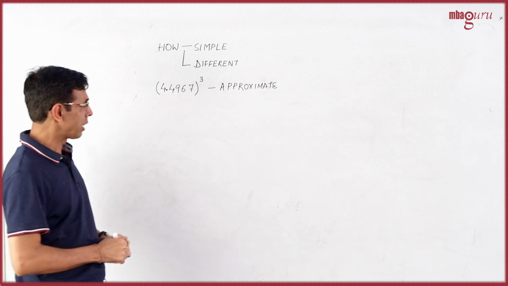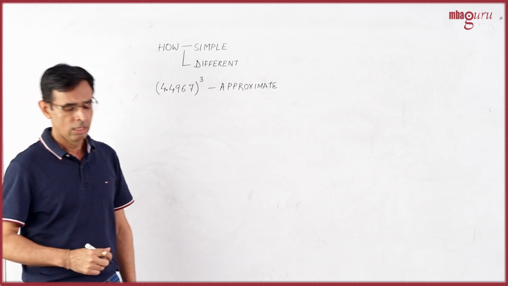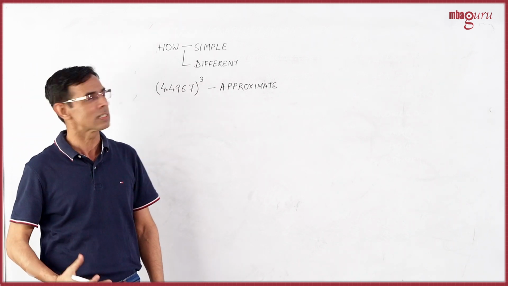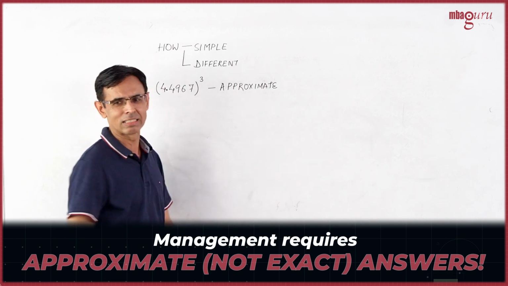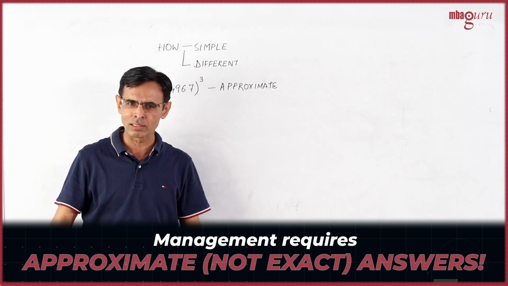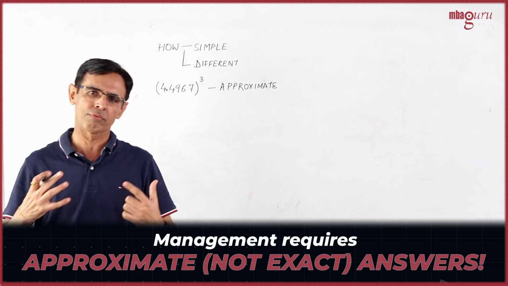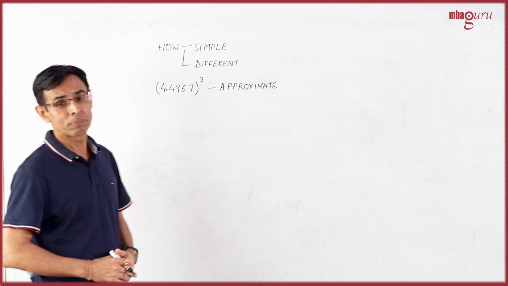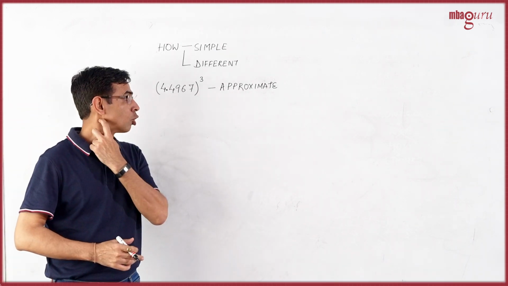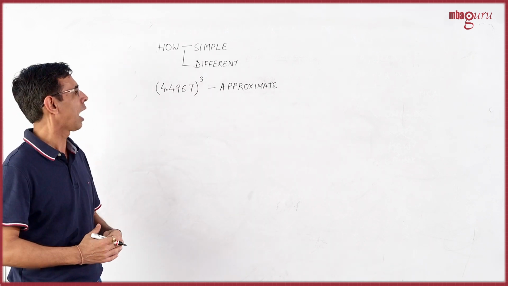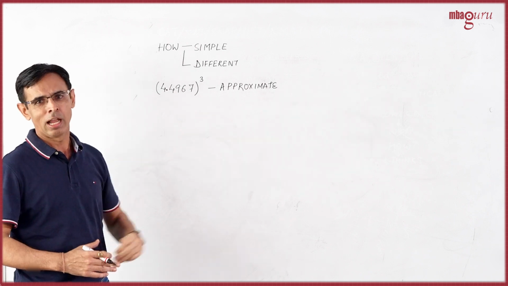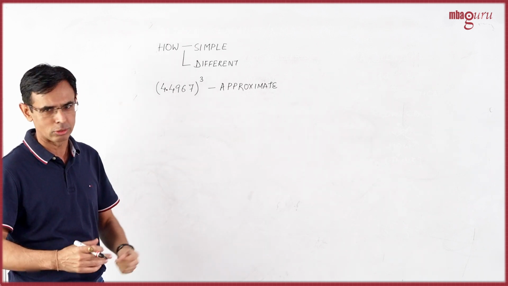Now, assuming that you've done that, let's look at this expression. See, first of all, unlike science, management normally does not require you to get exact answers. Approximate answers or the best answers are generally good enough when you look at management, because management works in real life, not in very proctored conditions. Typically, you will just have okay, good, better, best, and not "this is the perfect answer to something."